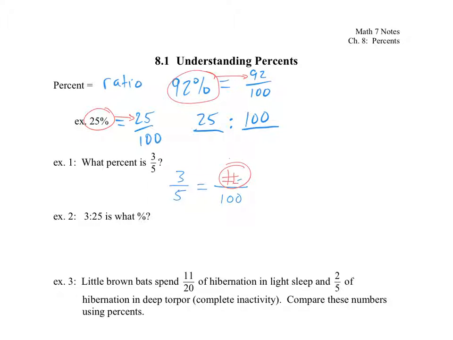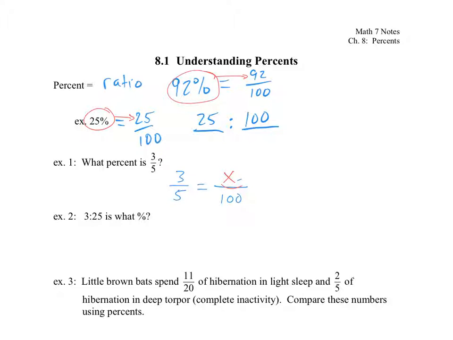That number, whatever it is out of 100, is the percent? Looking for nods or some sort of a yes, this makes sense. So we're just looking for something over 100. But in the last chapter, instead of putting that hashtag up there, we just put the letter X. If you can find X, you just found the percent that 3/5 is. And you've been doing that for two chapters, right?